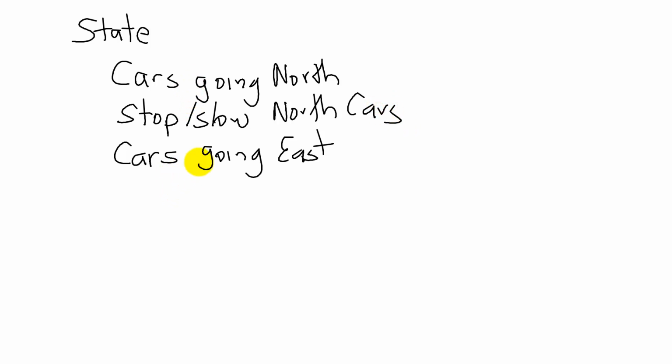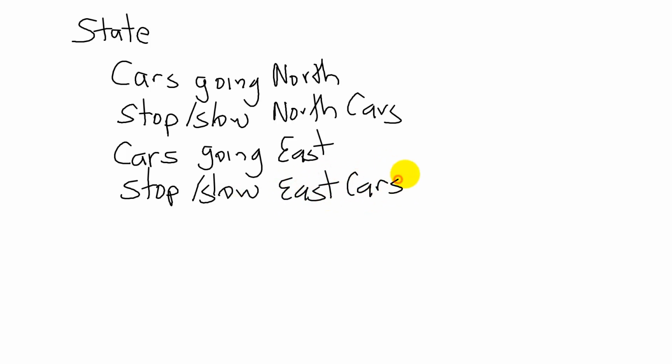And similarly, after we're allowing the cars to go east, then we're going to want to stop or slow down the east cars. And you notice I don't have a state where cars can go both north and east at the same time. I don't have a state where no cars can go, because it's a very simple thing.